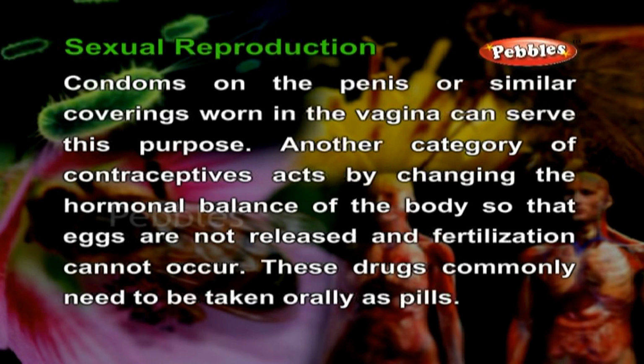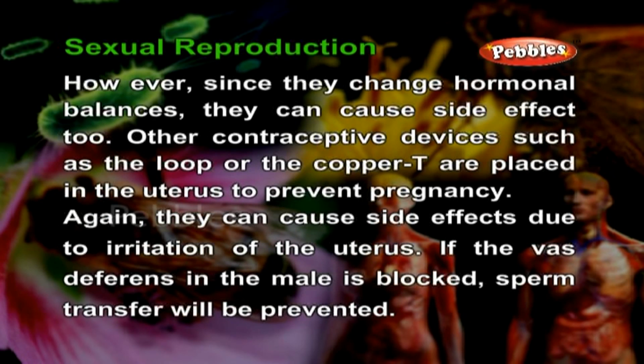These drugs commonly need to be taken orally as pills. However, since they change hormonal balances, they can cause side effects too. Other contraceptive devices such as the loop or the copper T are placed in the uterus to prevent pregnancy. Again, they can cause side effects due to irritation of the uterus.